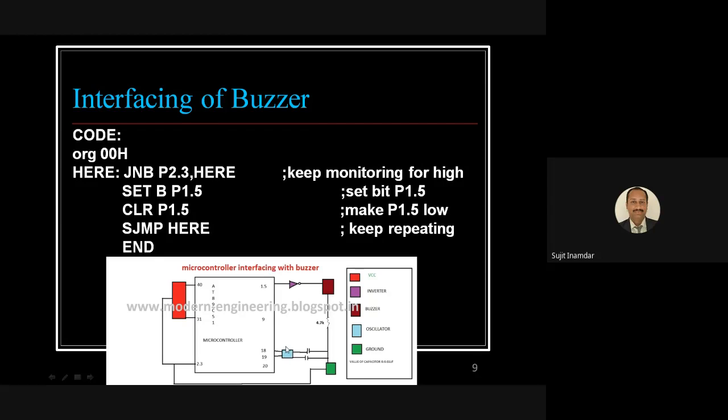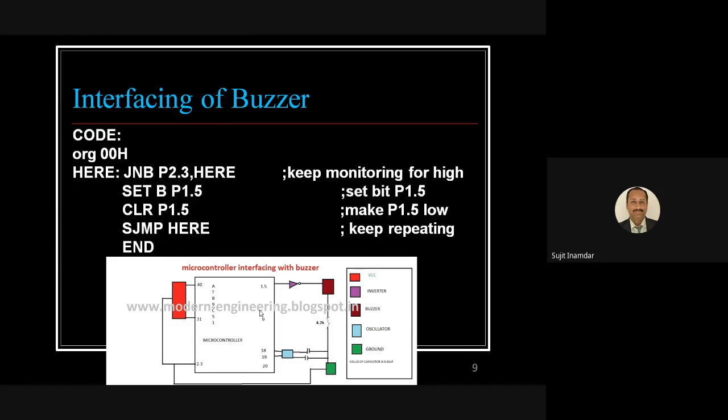Afterwards, pins 18 and 19, the crystal, are a negligible part, grounding is negligible here, and pins 31 and 40 are also negligible. One more important thing is port 2.3, port number 2, pin number 3. This is used to control this particular buzzer activity.